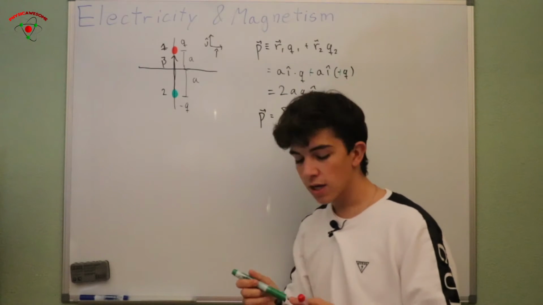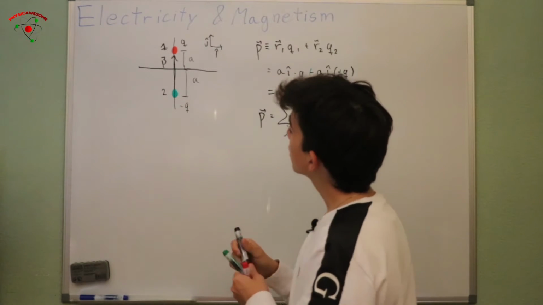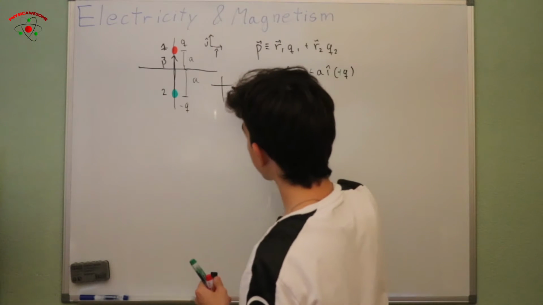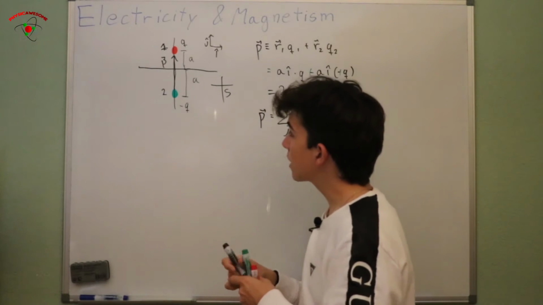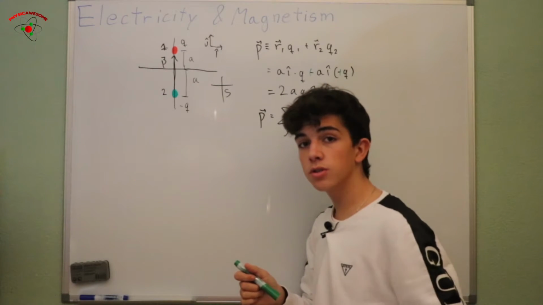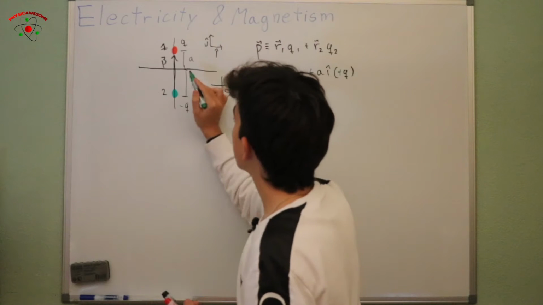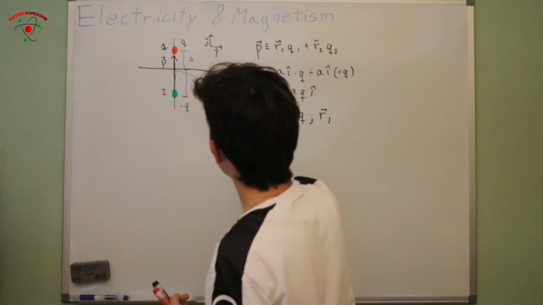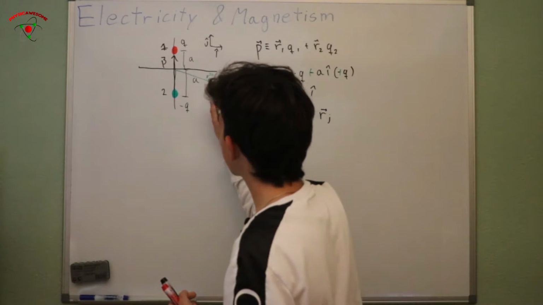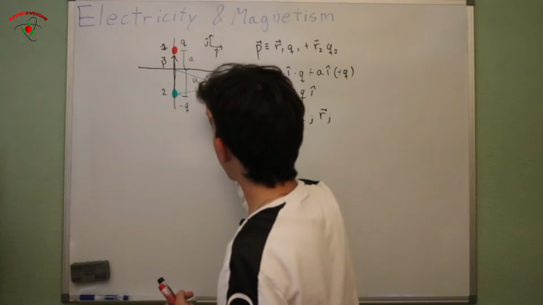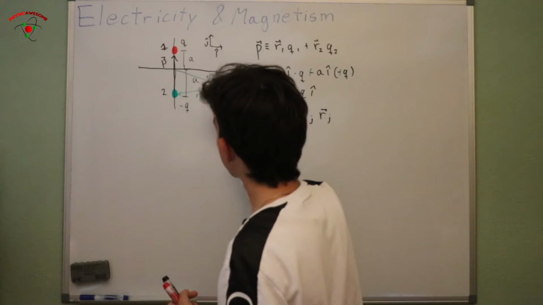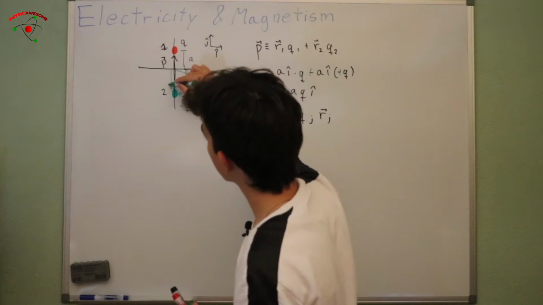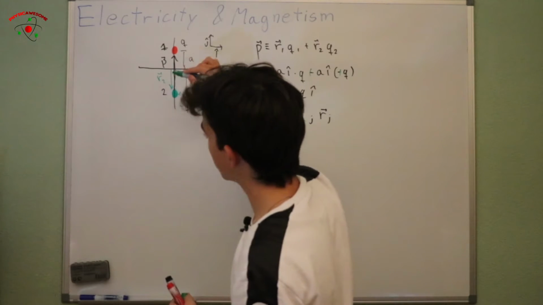If we define another reference frame right around here, S, we can define the unit vectors that are in our situation as r_OS and r_S2, with this being r_2.